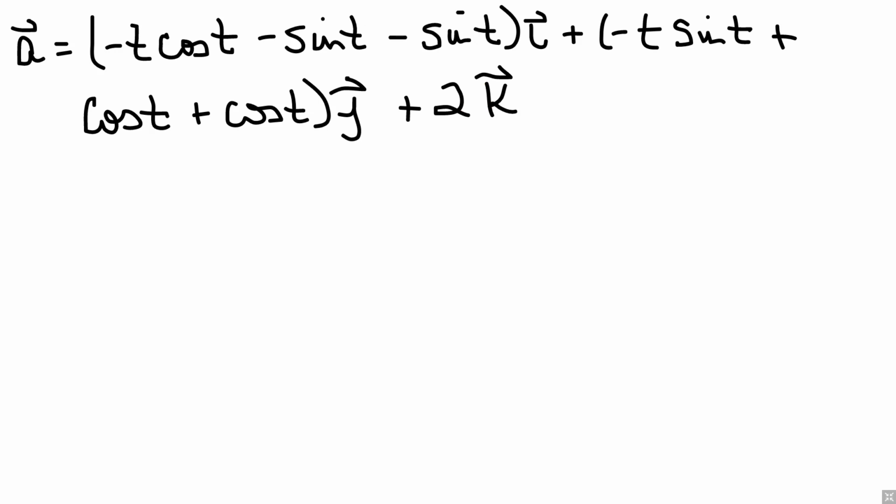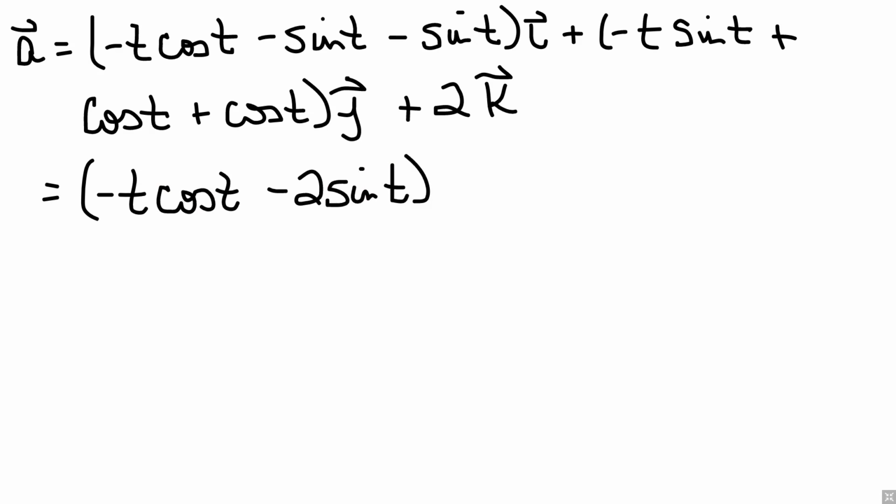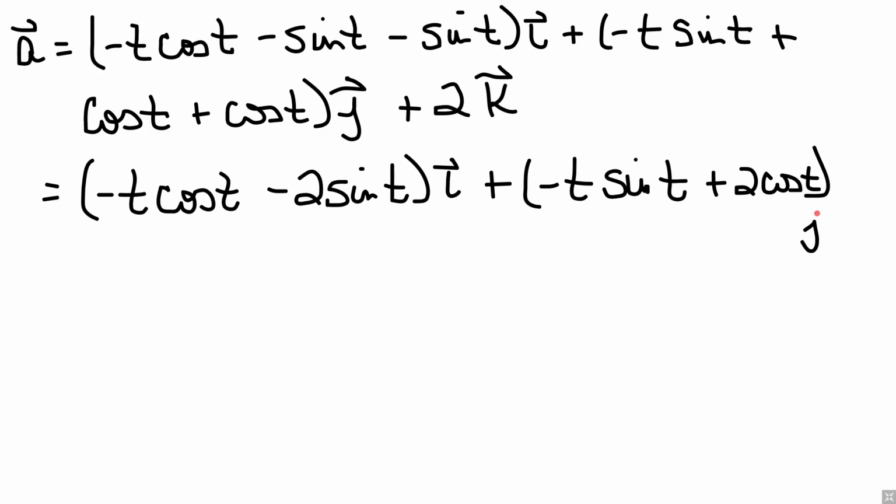That generates our acceleration. I can clean this up a little bit. It's negative t cosine of t minus 2 sine of t in the i direction, plus negative t sine of t plus 2 cosine of t in the j direction, plus 2 in the k direction.